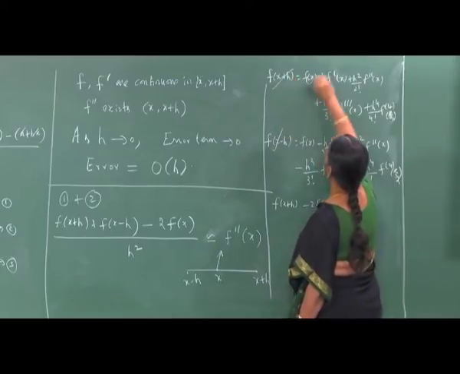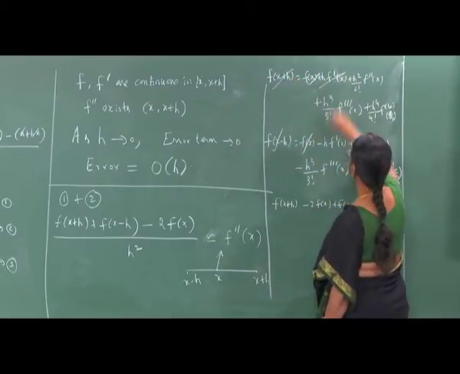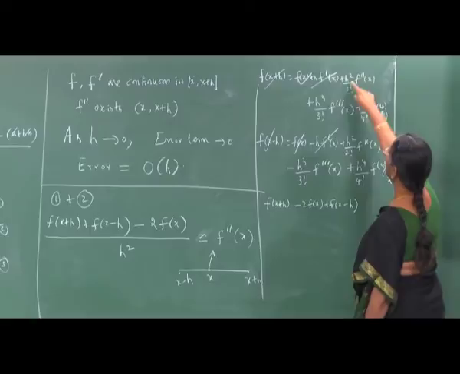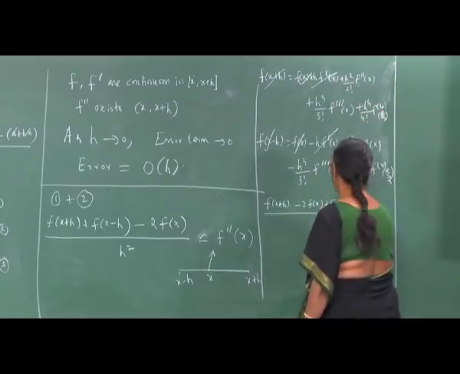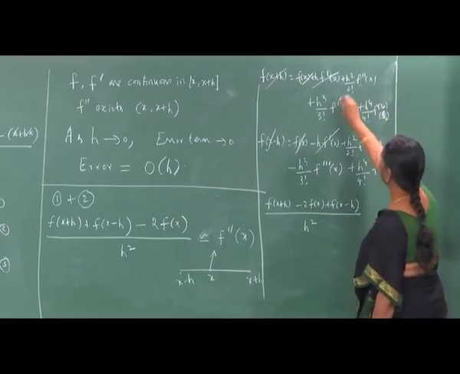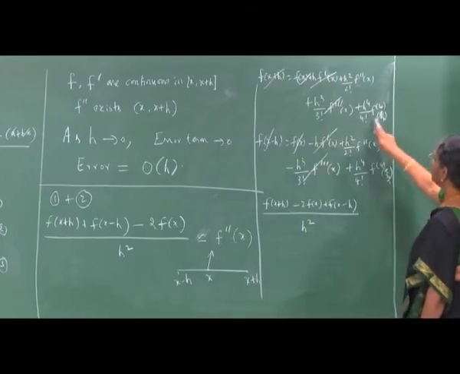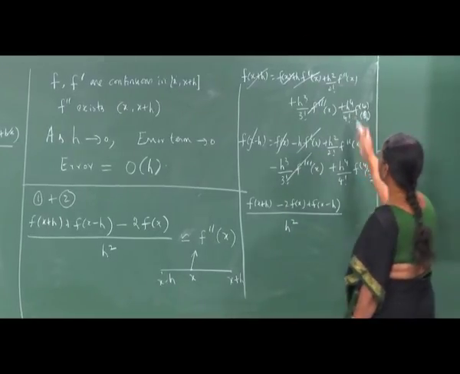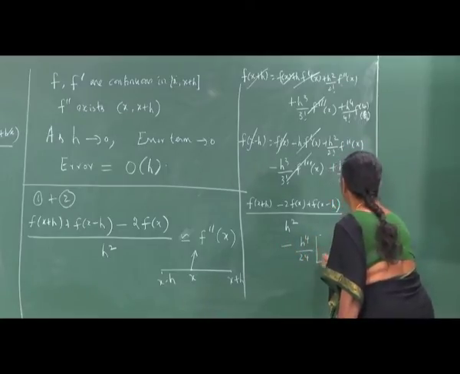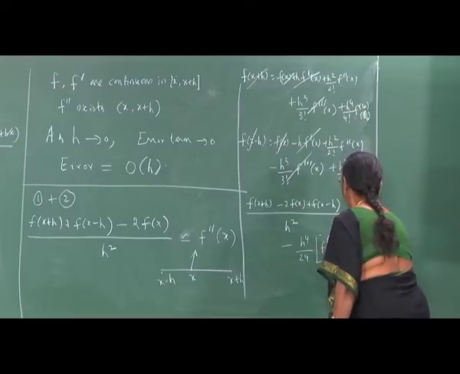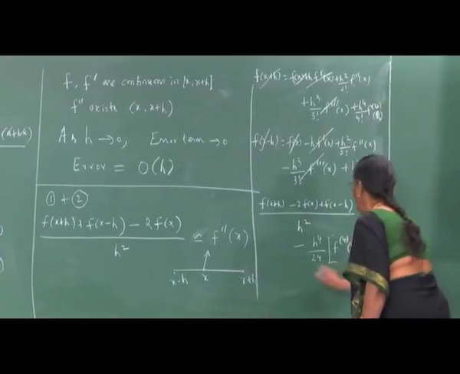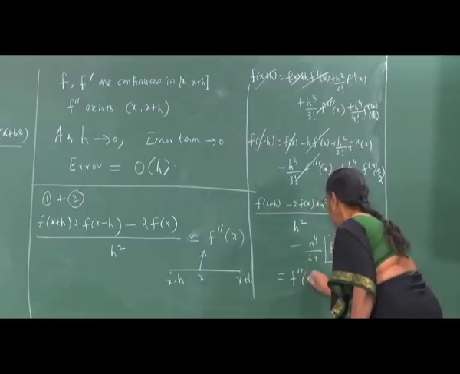So, we observe that when we add, this term cancels with this, and then when we add we get h square f double prime x. So, I divide by h square, and then when we add, these two terms cancel, and these two terms give you minus h power 4 by 24 into the fourth derivative at psi 1 plus the fourth derivative at psi 2, and that is f double prime at x.